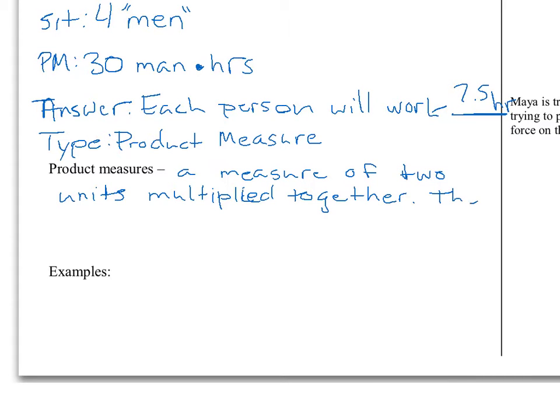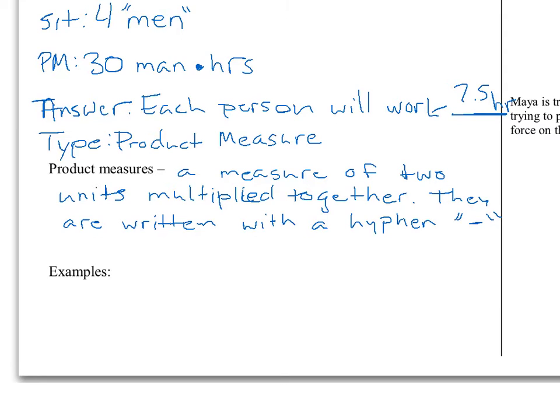And they are written with a hyphen. And I'm going to put in quotation marks that a hyphen is that dash. So that's how we're going to recognize product measures when we see them in problems. We're going to see 2 units multiplied together. They're going to use that hyphen instead of a multiplication symbol to show us that that is a product measure.